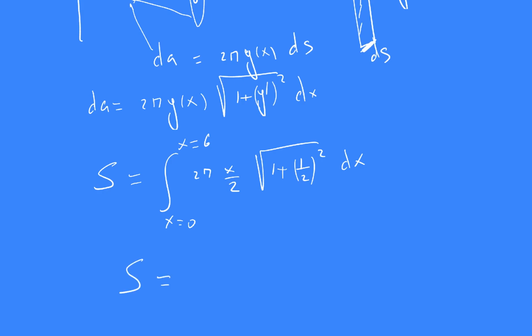The area S will be 2 pi, the 2 with this 2 will cancel, so it will be pi times the integral of x, and the square root will go out: 1 plus 1/4, which is 5/4.